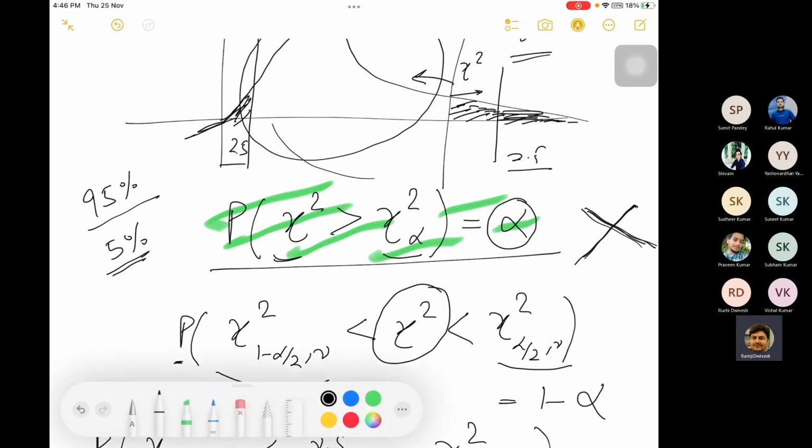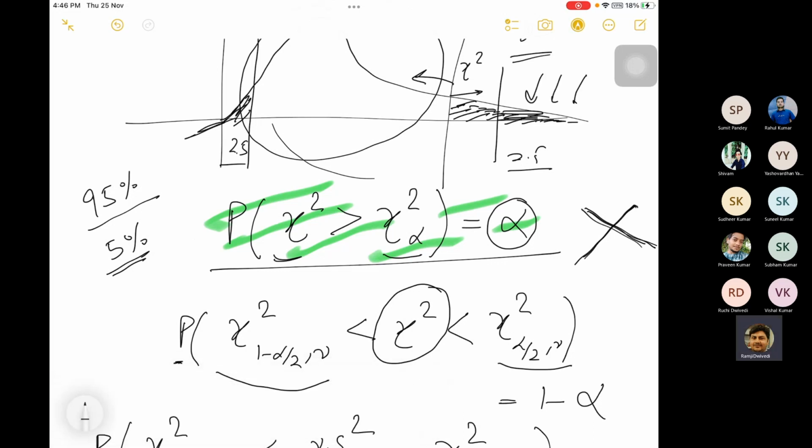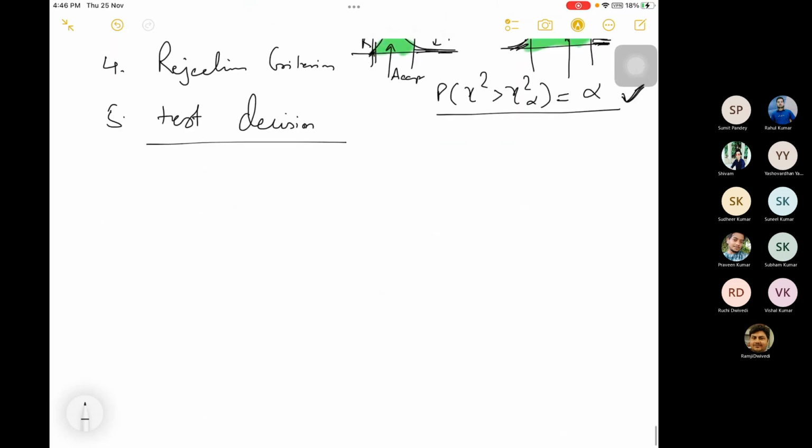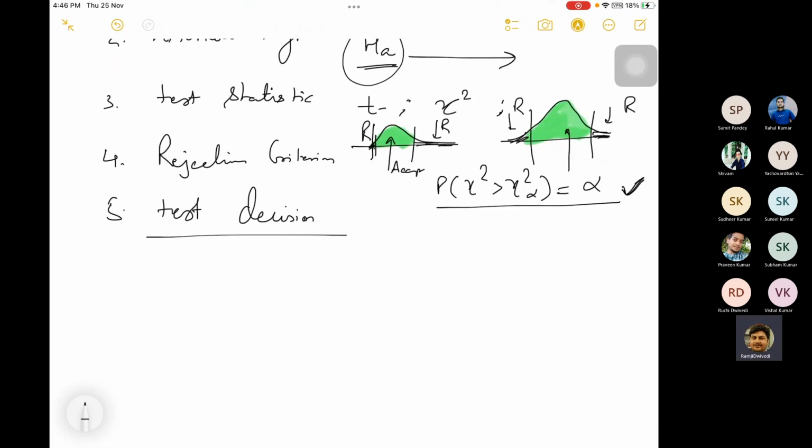You do not want anything in between here. So this is chi square value greater than chi square alpha. This bar is chi square alpha.